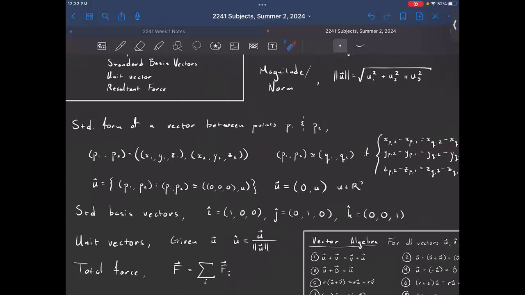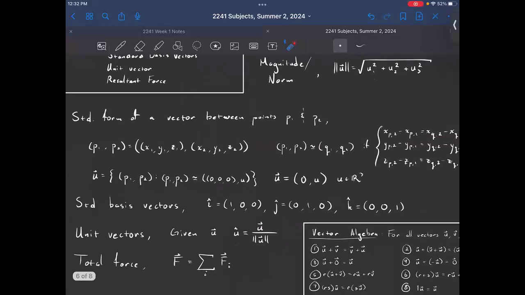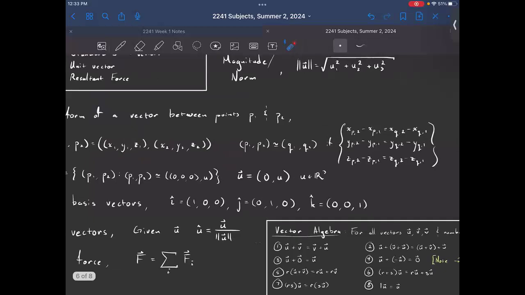We have the formulas for the standard form of a vector between 2 points. So the idea is that we're given these points P1 and P2, and we can organize them into an ordered pair. So P1, P2, and I expand those into these triples. And I tell you that these two things are the same, quote unquote. That's why I use this squiggly equals.